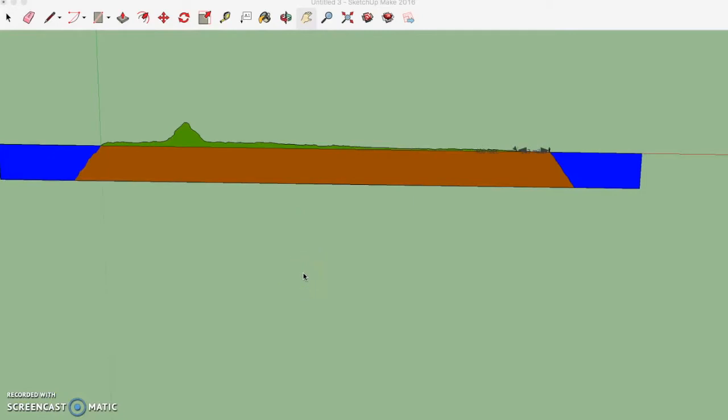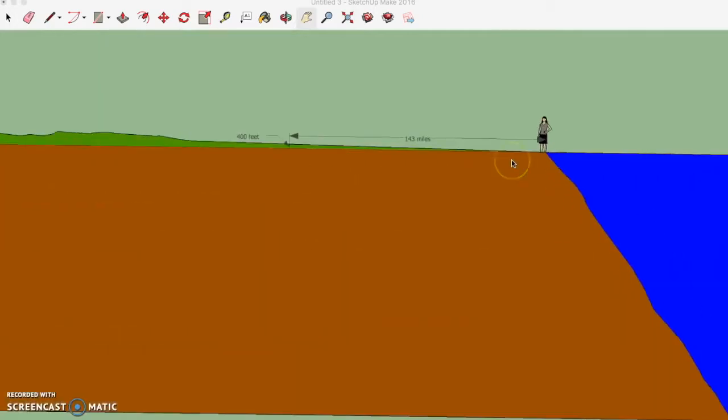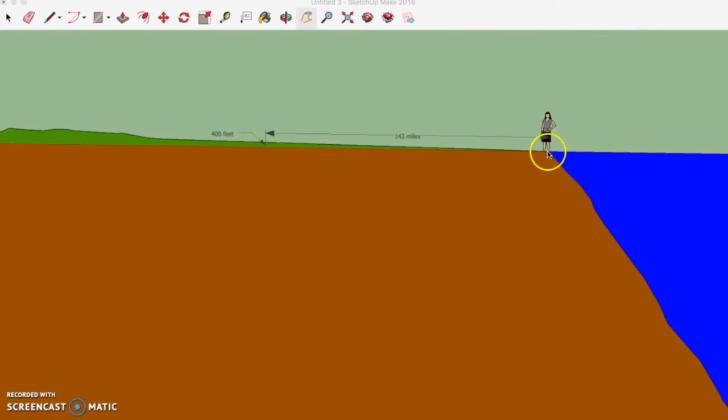So here's the way it really is. The oceans are completely flat all the way across the whole earth. We have land masses that stick out of the water, and that's measured in feet above sea level. And so if we come over here to the coast, we've got our person standing by the river mouth where it would flow into the Gulf.